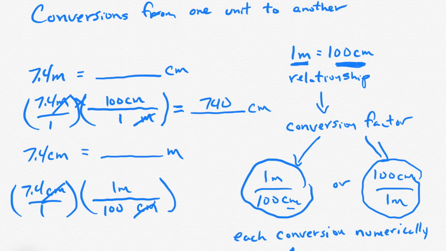So what you have here is a multiplication of 7.4 times 1 meter, and then that is divided by 100 centimeters. So this is really a division problem. So 7.4 divided by 100 would give us 0.074 meters for the answer.